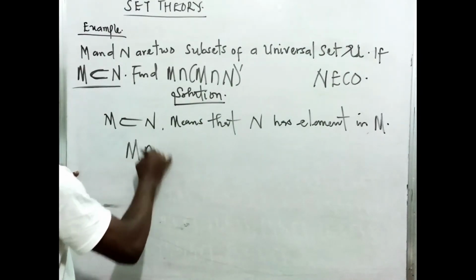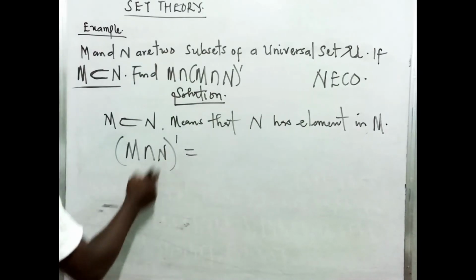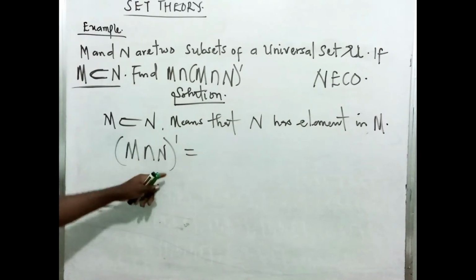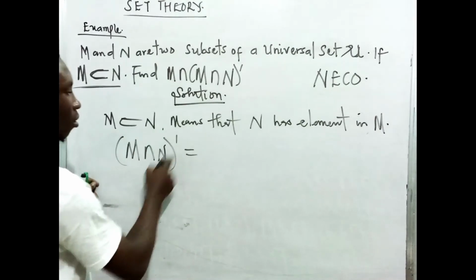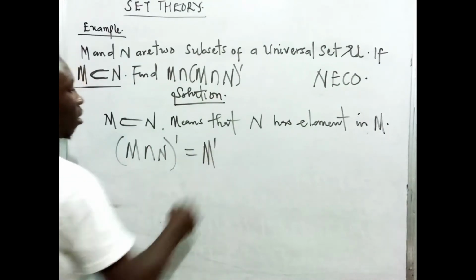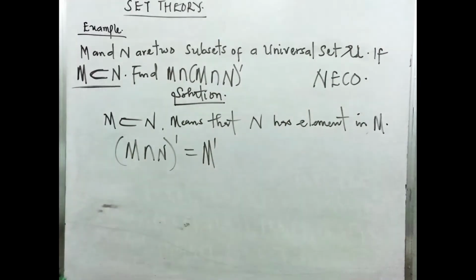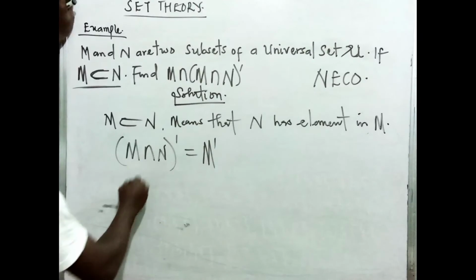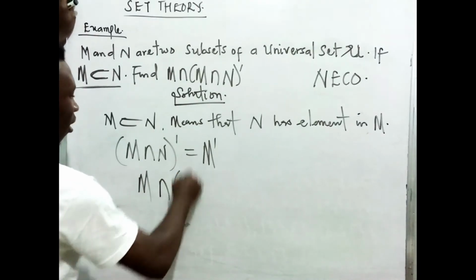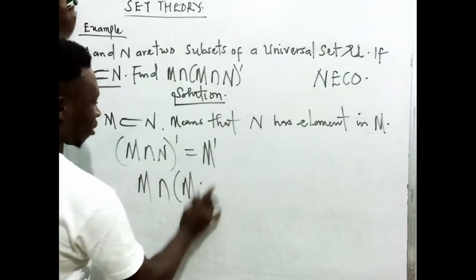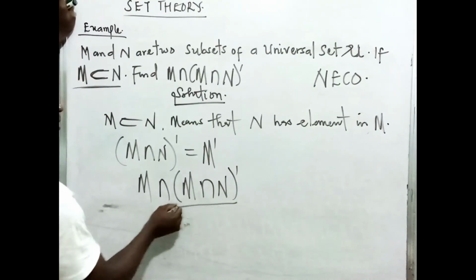Therefore, M intersection N complement is equal to, since N has the elements in M, M intersection N complement is going to give you M complement. Going further, M intersection, open bracket, M intersection N complement, this gave us M complement.